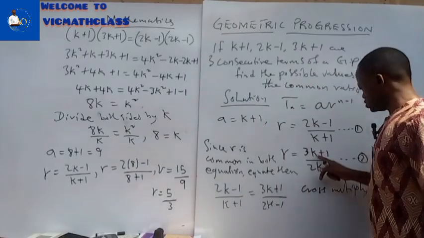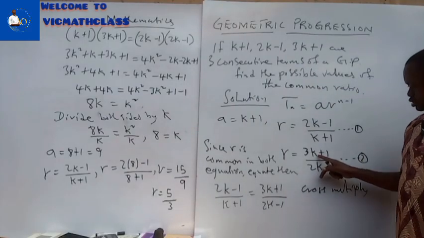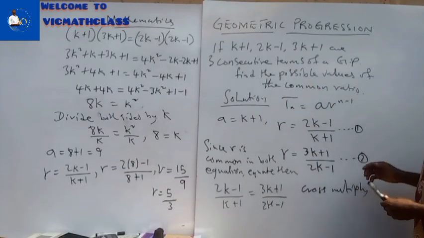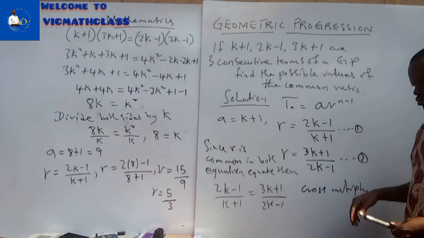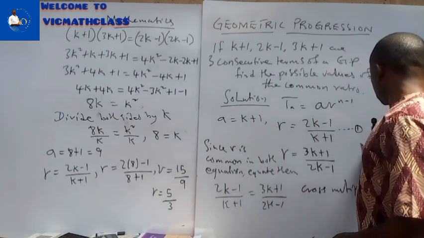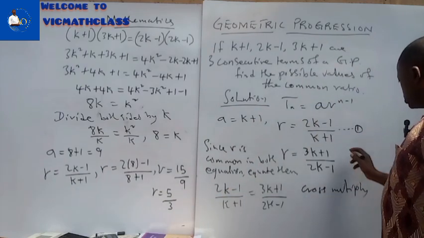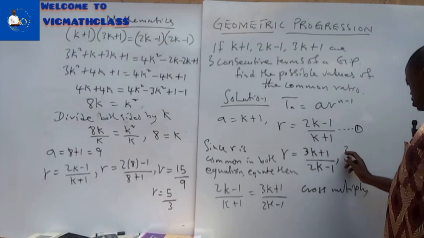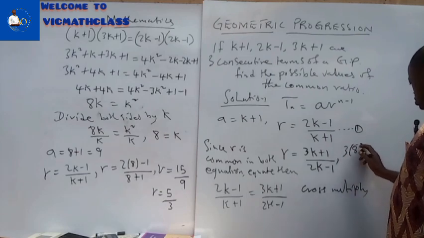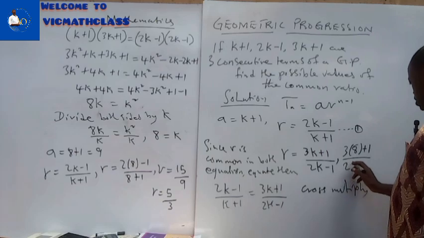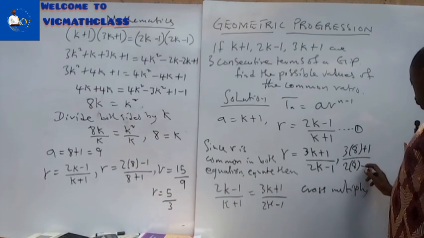Let me check here if it is still going to give me the same thing. From this second equation, 3 times 8, 3 in bracket 8 plus 1 all over 2 in bracket 8 minus 1.